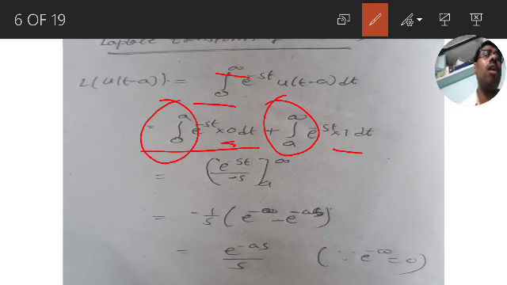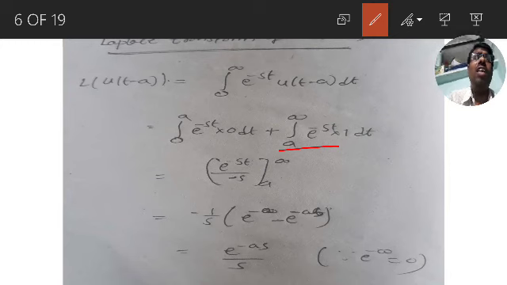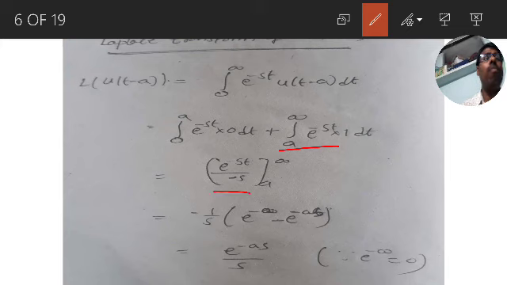Now the second integral. What is the second integral? It is the integral of e power of minus st dt. The integration of e power of ax is e power of ax by a, where a is the coefficient of x. Here, in terms of t, the integration of e power of minus st is e power of minus st by minus s, from a to infinity, upper limit minus lower limit.